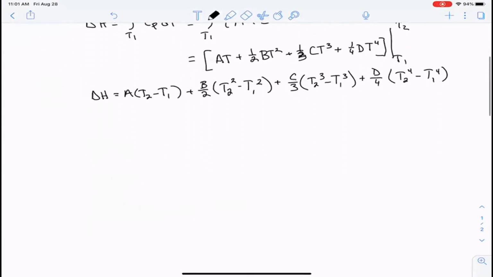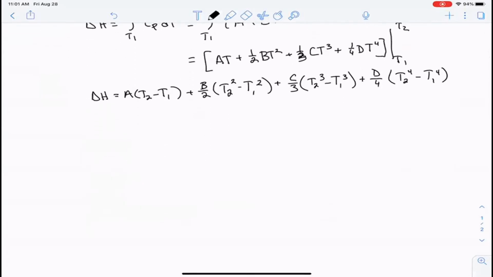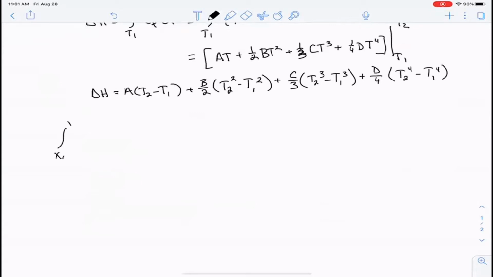Another really common integral that we're going to take in our class, in fact, you'll take this integral in your homework this week, is the integral from x1 to x2 of 1 over x dx. And of course, that is the natural log of x evaluated from x1 to x2, which is just equal to the natural log of x2 over x1.